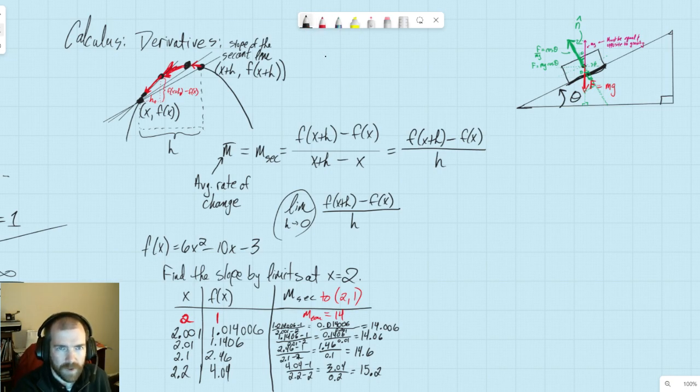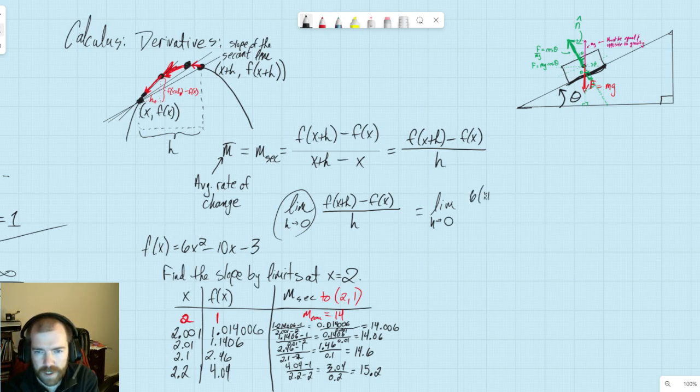Then when we say, okay, let's actually do this out, we can take this function, plug it in, and we say that the limit as h goes to 0 of 6 times the quantity x plus h squared minus 10 times x plus h minus 3, minus the quantity 6x squared minus 10x minus 3, all divided by h.